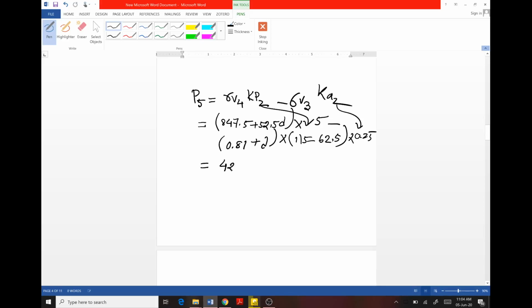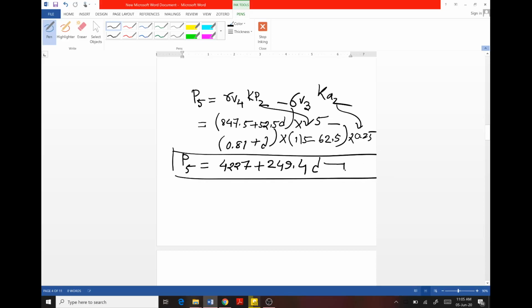So that leads to an equation, 249.4 D. Let's take this as equation 2.